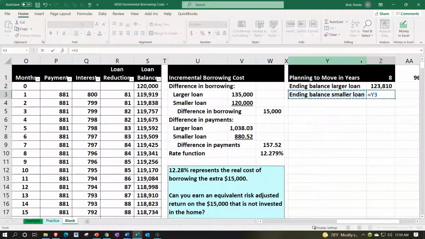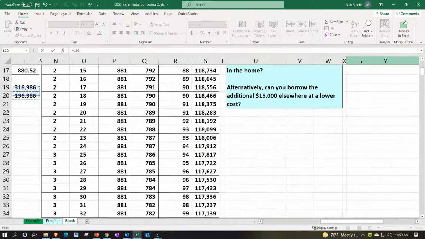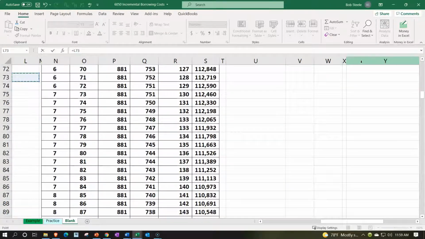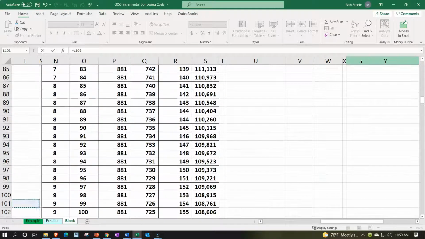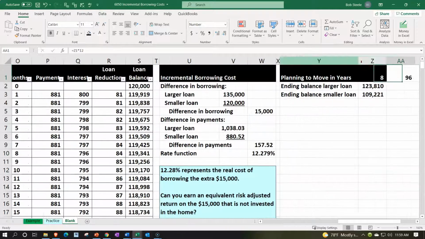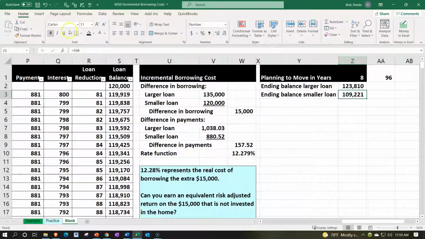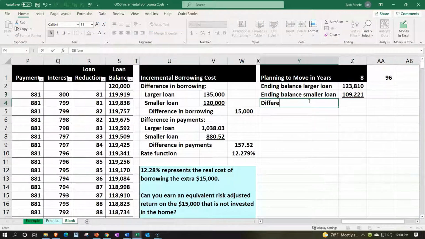This is going to be equal to, scrolling left-hand side, 8 years on down, 8 years at the end of 8. This is going to be that 109,221. Enter. Underlining that, font group and underline. This is going to be the difference between the two ending loan balances.